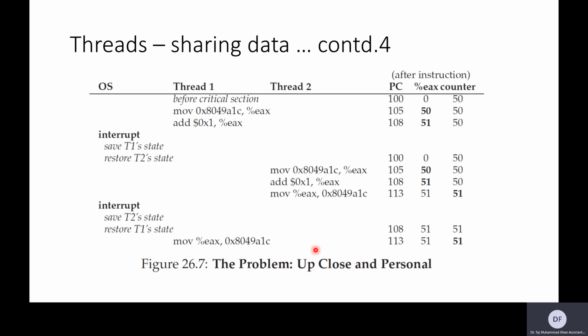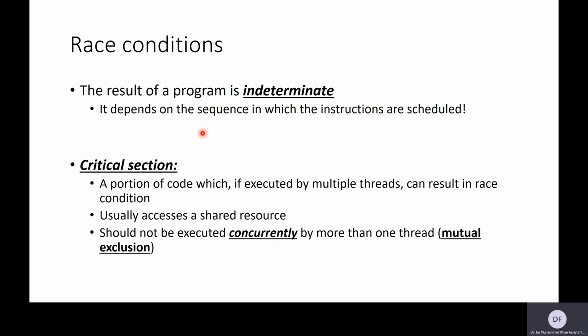But that would happen only if this move instruction were scheduled before the context switch here, and that, as we just discussed, is not in our control. So if the result of the program depends on the order of execution of instructions, which is not in our control, that kind of program is indeterminate. And an indeterminate program is useless or dangerous for us.